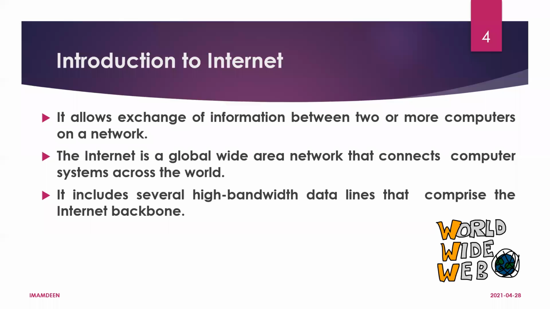The internet is a global wide area network. So yeah, the worldwide web, wide area network, the concept of the internet world. So it includes several high bandwidth data lines. So data lines are the main bandwidth of internet.